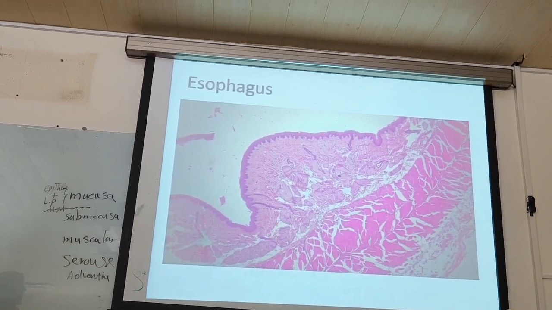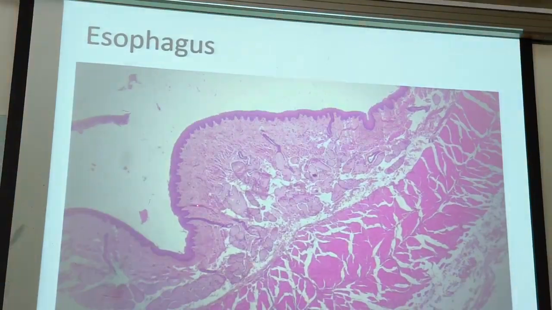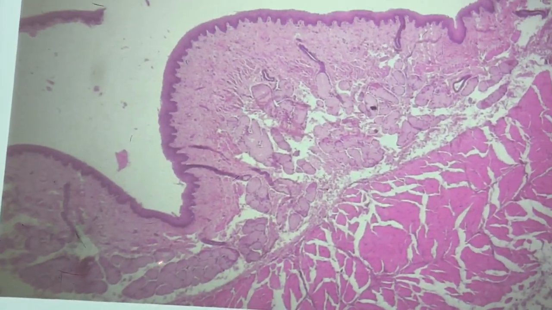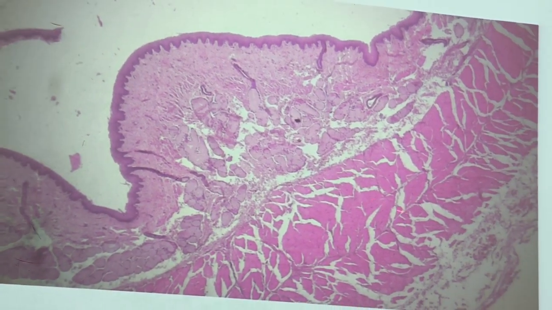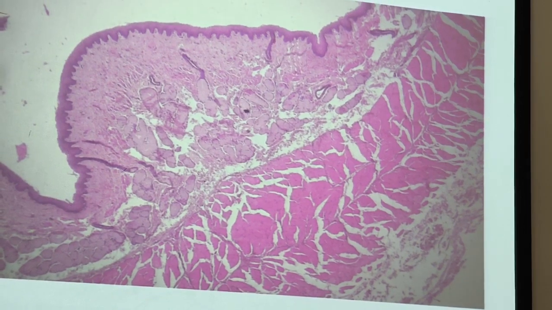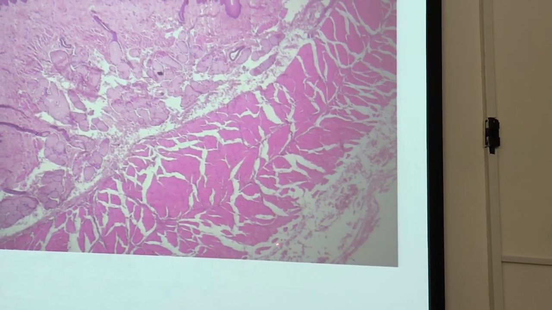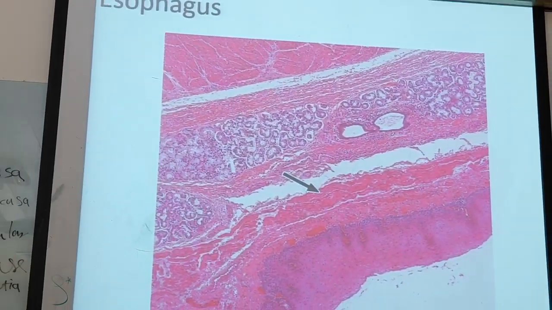The mucosal layer has stratified squamous epithelium and lamina propria. The submucosal layer includes the mucous glands. The muscular layers are, yes, in different directions, and finally the adventitia, which is a type of loose connective tissue.